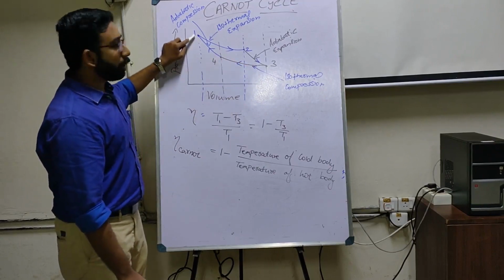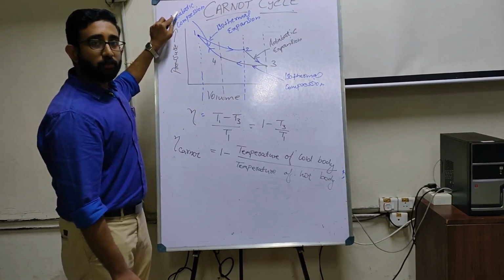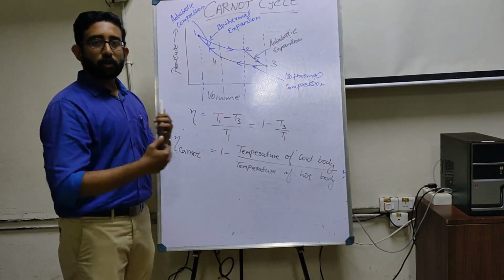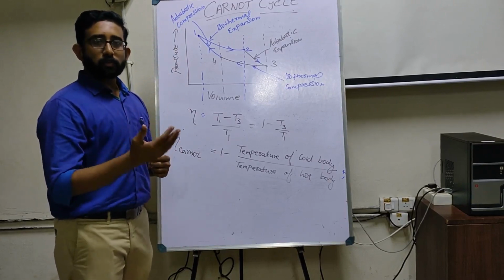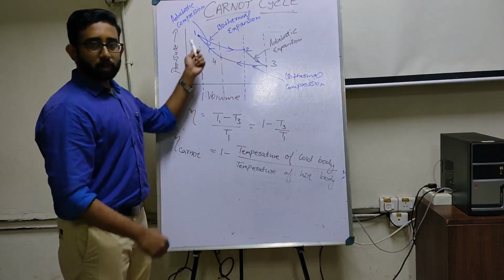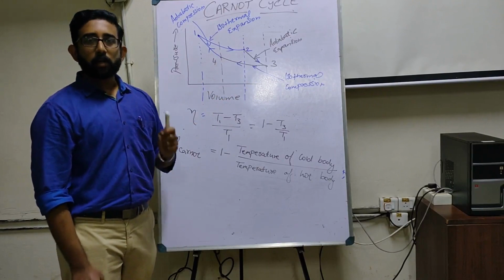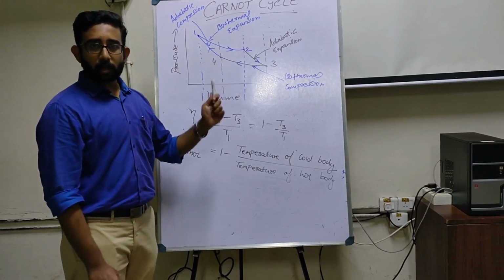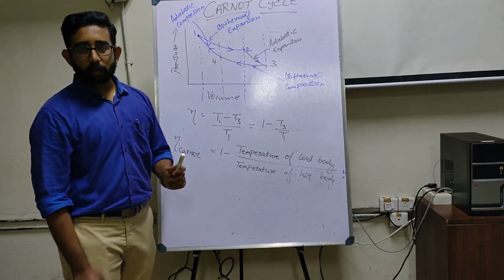And 4 to 1 is an adiabatic compression process, so it should be an extremely fast process. So here each process is extremely slow or fast, and we cannot achieve this slow and fast process alternately in one cycle. That is why we are saying the Carnot cycle is practically impossible. And once again, Carnot cycle means it is a cycle that gives the maximum possible efficiency for a heat engine.